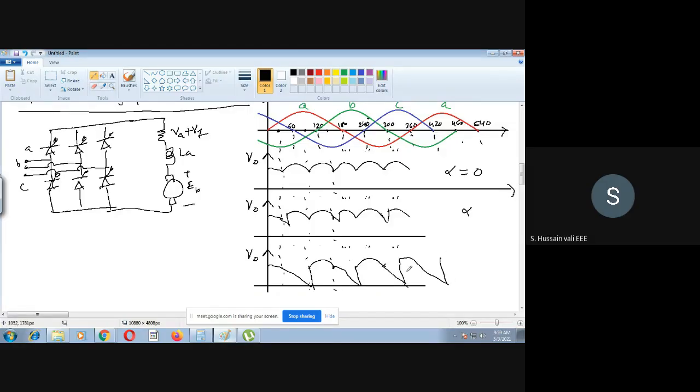So this kind of waveform you will get here if you increase the values further. So the same analysis you will do even in case of your semiconverter.